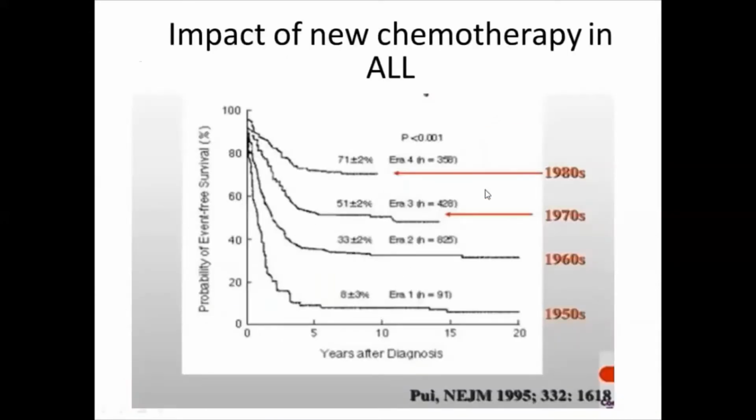In this slide, we see the impact of new chemotherapy in acute lymphocytic leukemia. In this study published in NEJM in 1995, we see the increase in event-free survival as we go from the 1950s towards the 1980s.